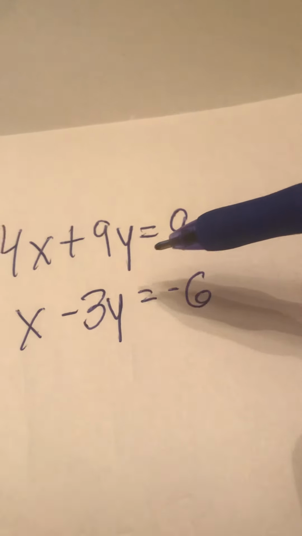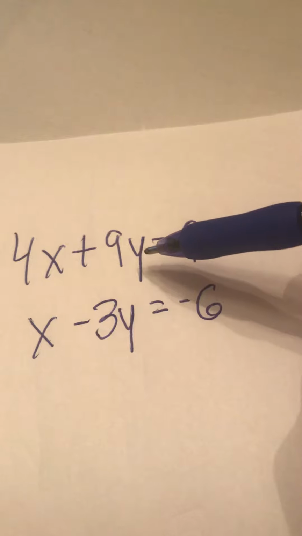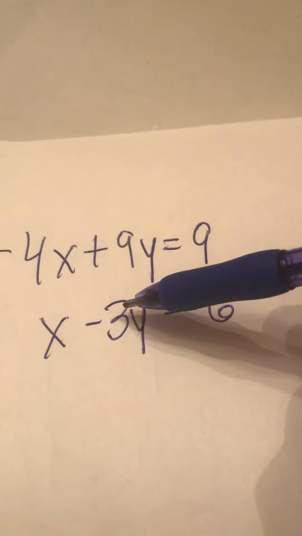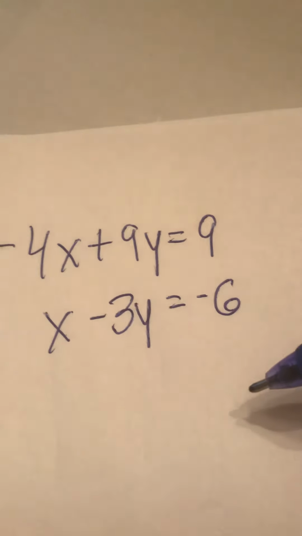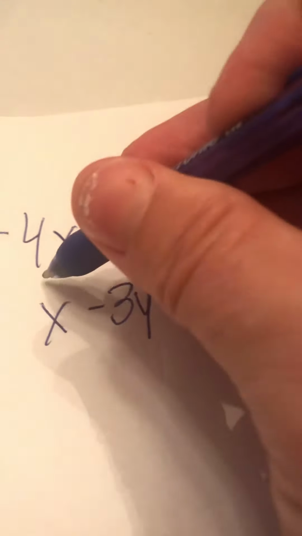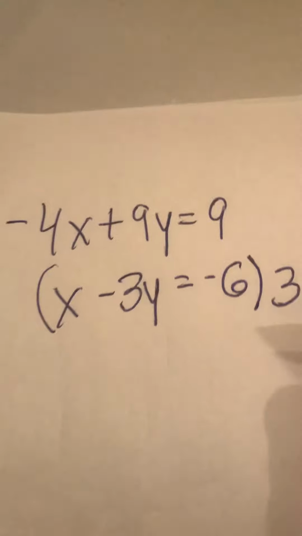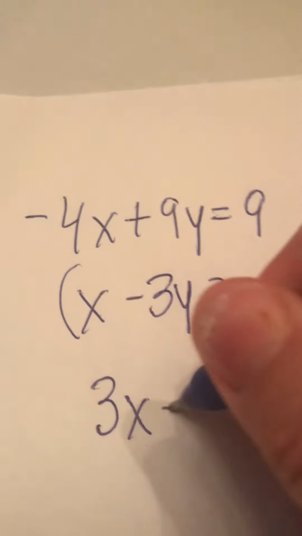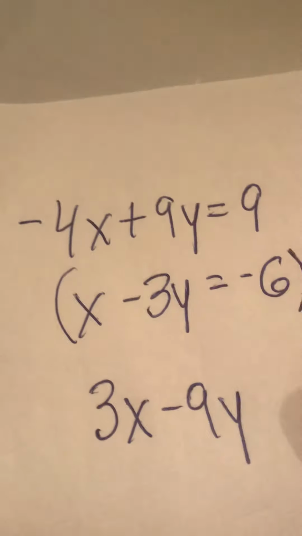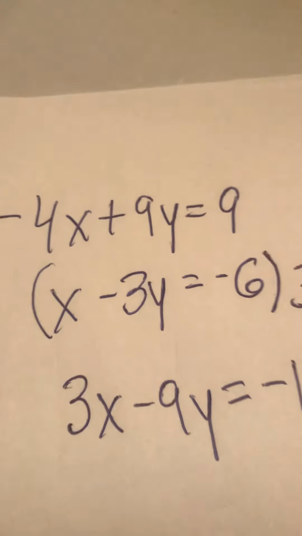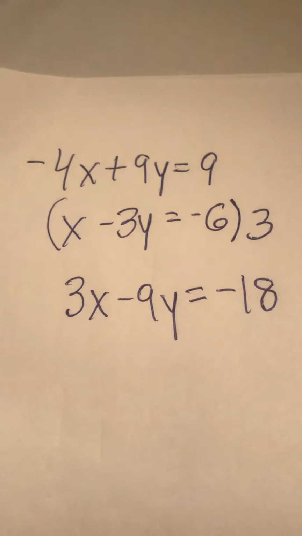Well, think about this. What do you need to eliminate the y variable? Well, the opposite of 9 is negative 9. So you could have, in fact, multiplied this bottom equation by 3 to achieve that. Just showing you a different route on how to solve this.